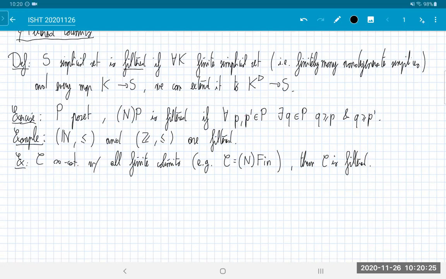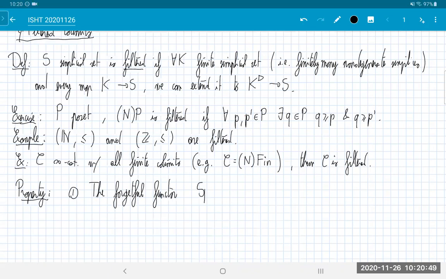Okay, and then I'm going to give you three properties. One is that the forgetful functor from pointed spaces to spaces preserves filtered colimits.